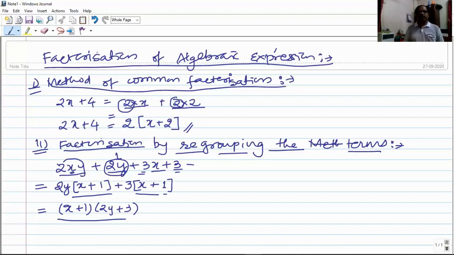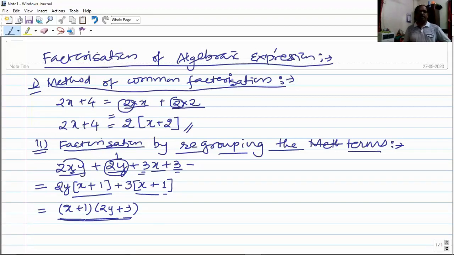So in this way, students, I can say that the expression 2xy plus 2y plus 3x plus 3 can be factorized by regrouping the terms.